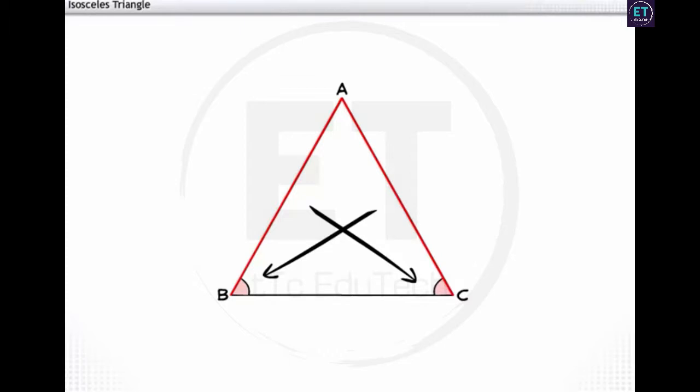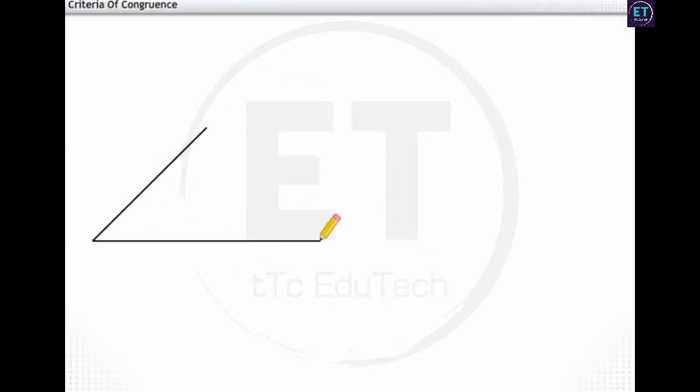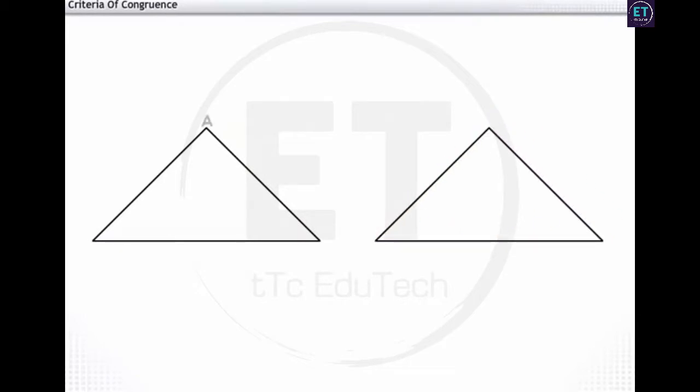We will prove it by using the criteria of congruence. Consider two triangles. For these triangles to be congruent, the sides and the angles of one triangle must be equal to the corresponding sides and angles of the other.